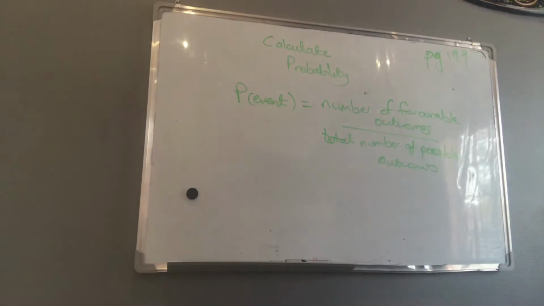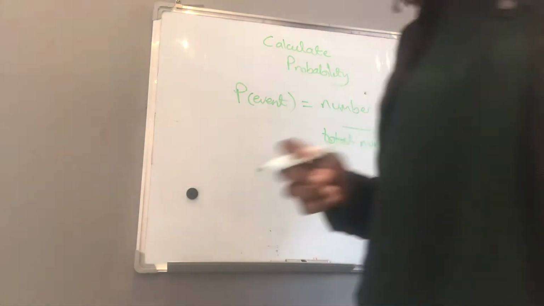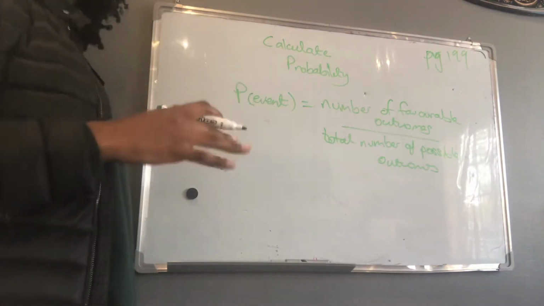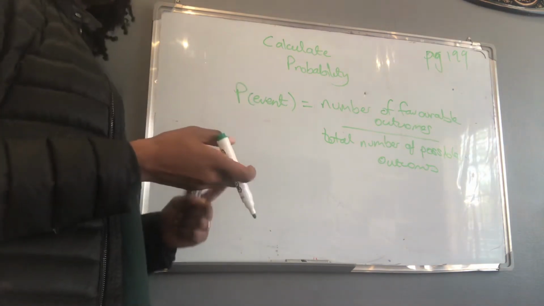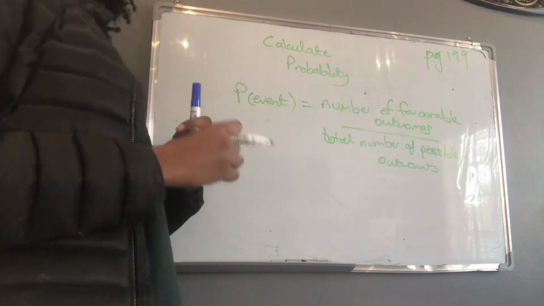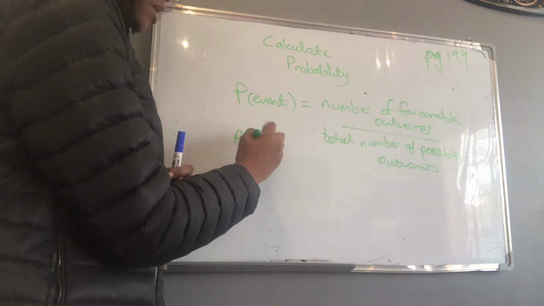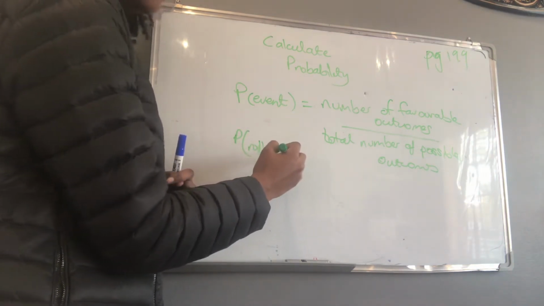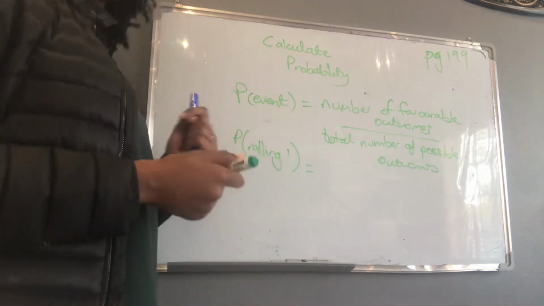So for instance, if we look at our die, when you roll a die you have 6 different outcomes. You can roll 1, 2, 3, 4, 5, 6 on your die. So the probability of rolling a 1, that's when you roll the die and you get a 1.